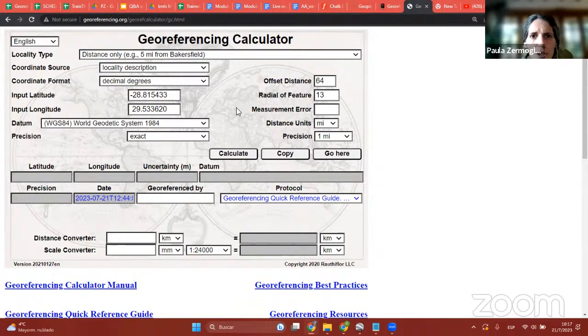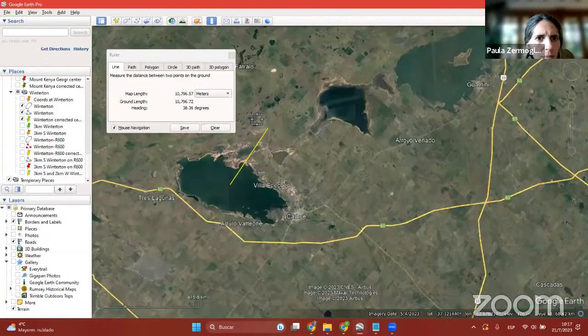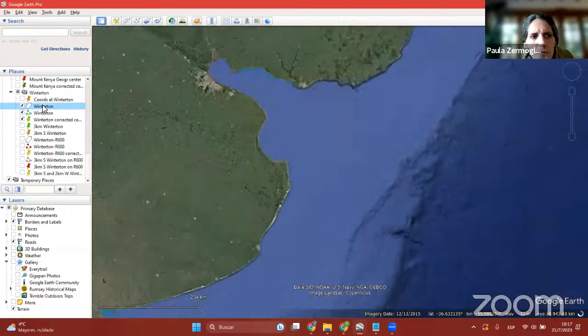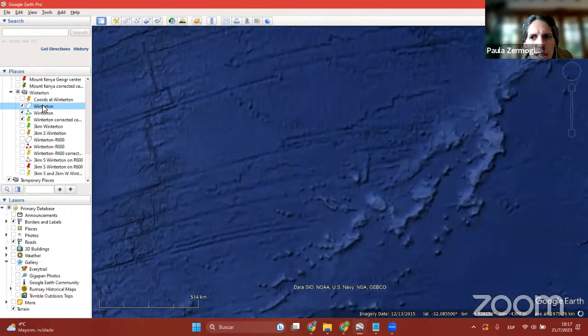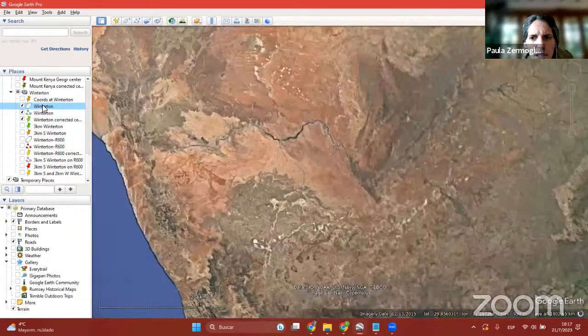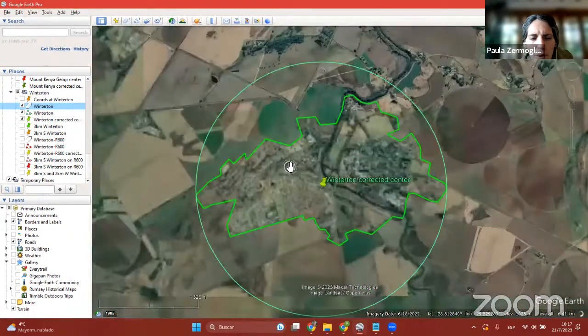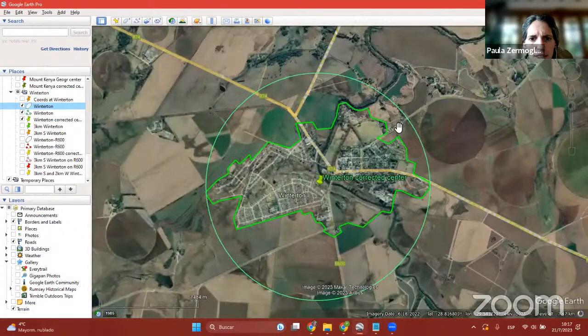So let's go to Google Earth. Let's go back to Winterton, which we had already determined. We had determined the polygon for this city. We had made this minimum circle around it.